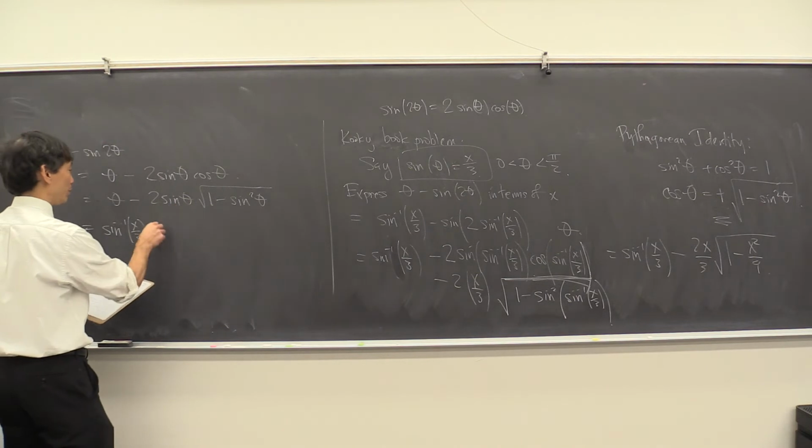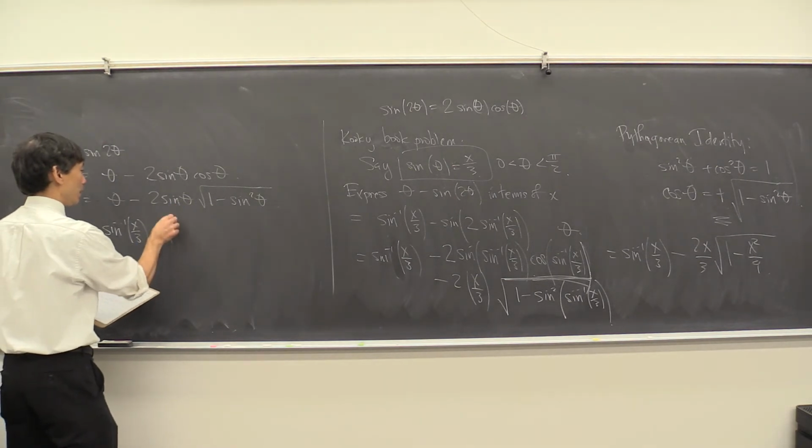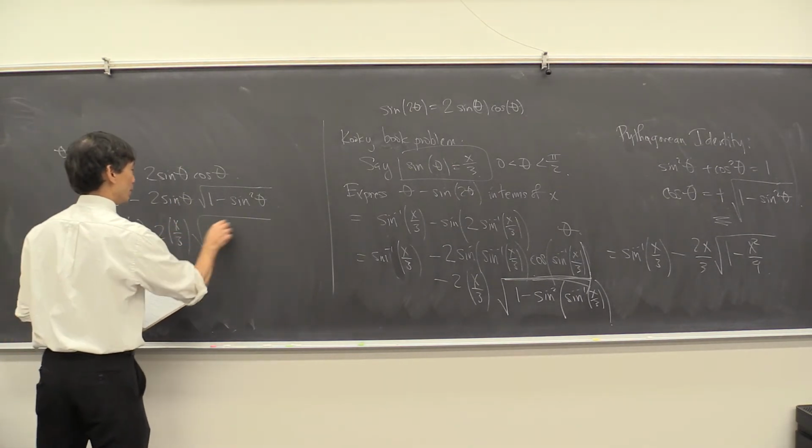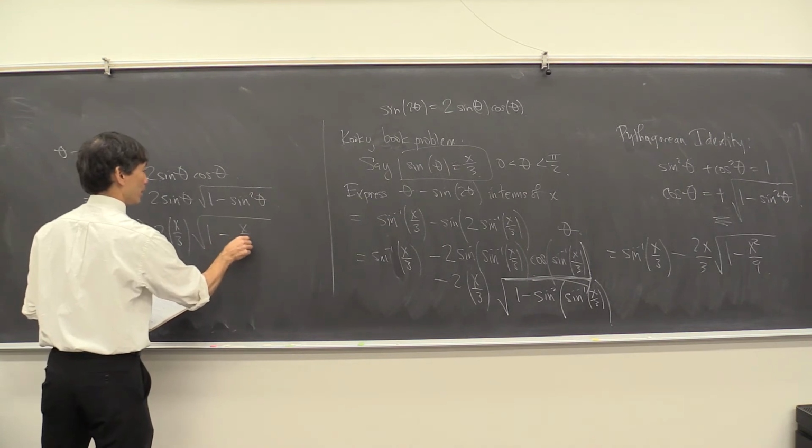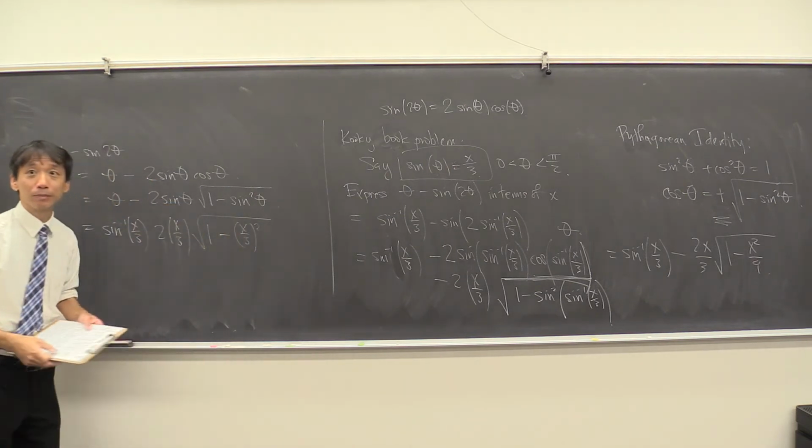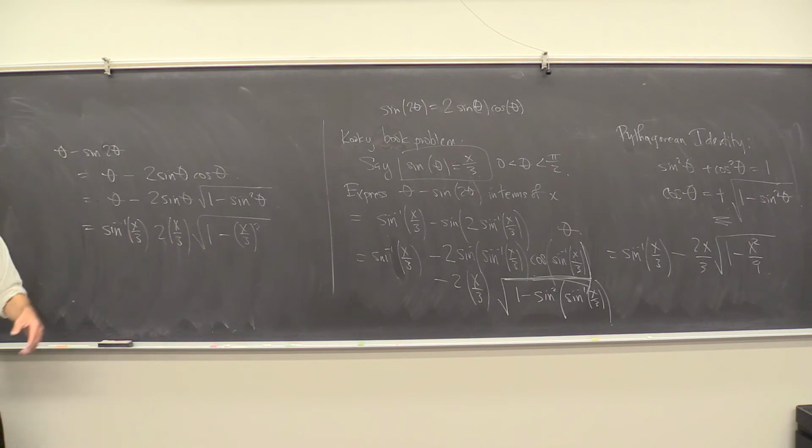So we're just going to write this in. This is going to be 2x over 3 times the square root of 1 minus x over 3 squared. That's it. Okay. Sorry to have made it so complicated before. It's the same thing. It's just I kept the theta longer to make it neater.